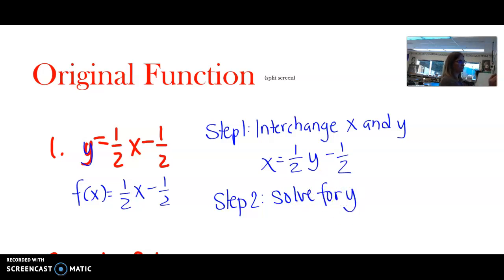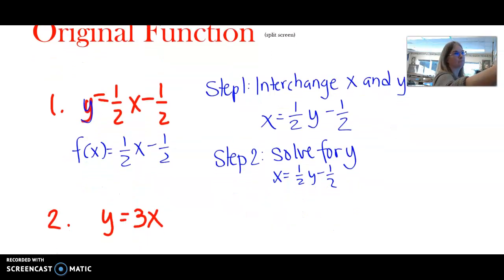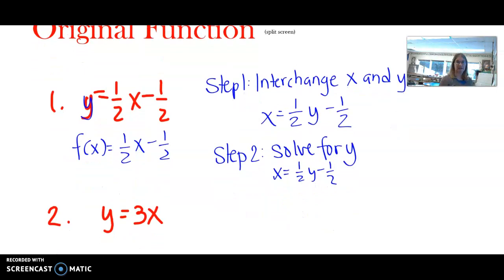All right, so if I'm going to solve for y, I have x equals 1/2 y minus 1/2. So y is getting multiplied by 1/2, and then we subtract a half. Well, what we're going to do is the opposite. We're going to add 1/2, so we get x plus 1/2 equals 1/2 y.